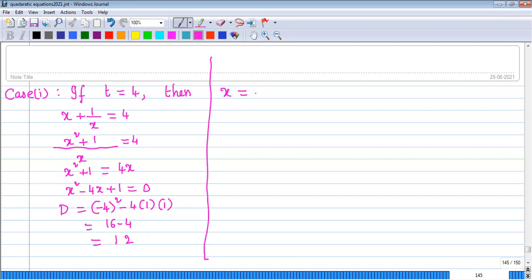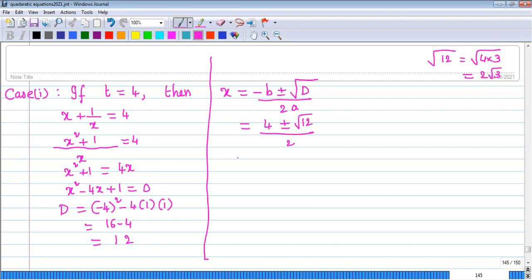The formula is x is equal to minus b plus or minus root of d upon 2a. So that will be 4 plus or minus root 12 upon 2. The root 12 we can write as root of 4 into 3, whose value is 2 root 3. So this equals 4 plus or minus 2 root 3 upon 2.